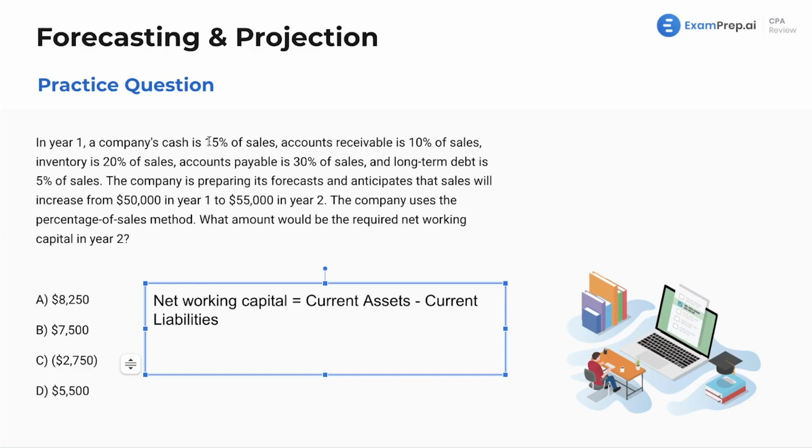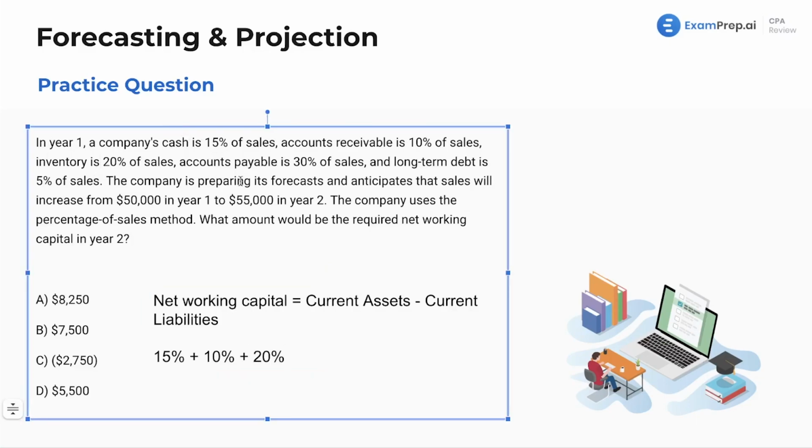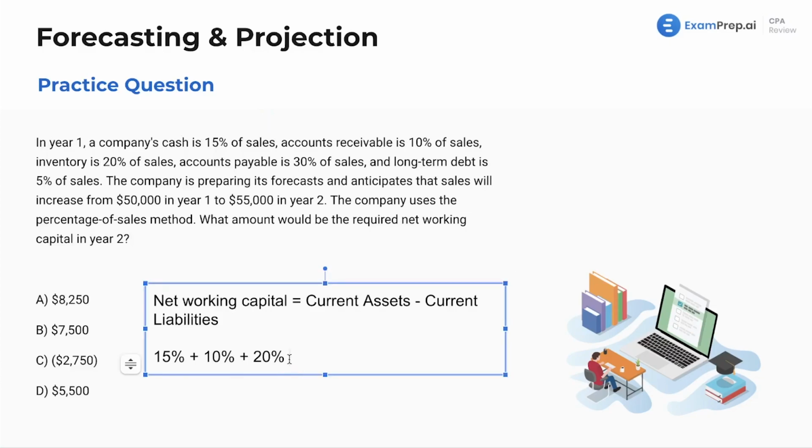There's two ways to go about this. You could do 15% of sales, 15% of 55 plus 10% of 55. That's the long way to do it. Now, what I would actually do here is you can take 15%, that's cash, then plus 10%, that's from AR, plus inventory, another current asset there, 20%, and then accounts payable is 30% of sales, so minus 30%.